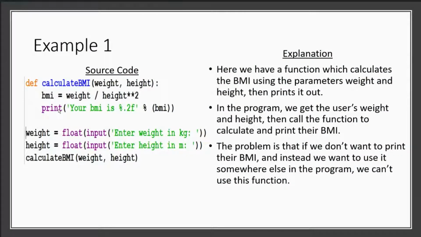So here we have a function which calculates the BMI using the parameters weight and height, then prints it out. In the program, you get the user's weight and height, then call the function to calculate and print the BMI. The problem is that if we don't want to print the BMI, and instead we want to use it somewhere else in the program, we can't use this function.